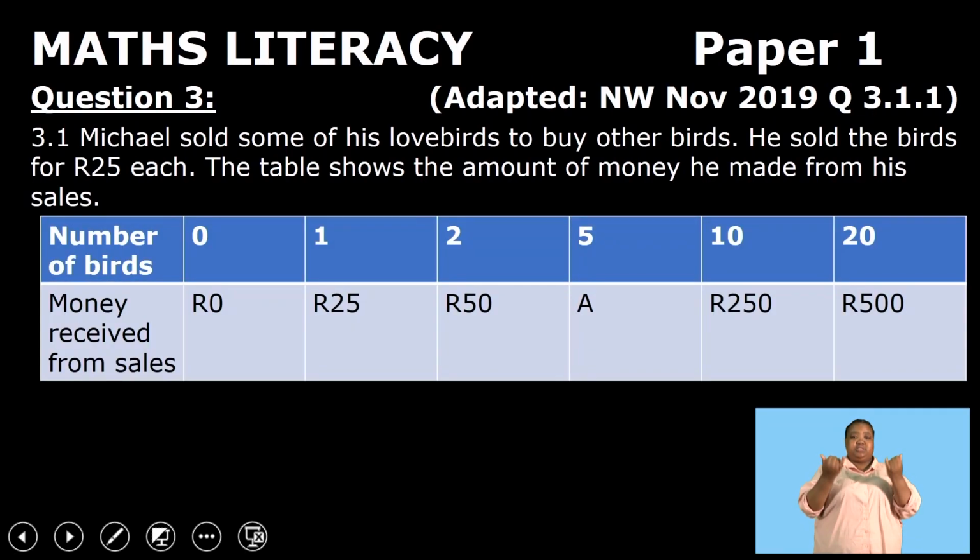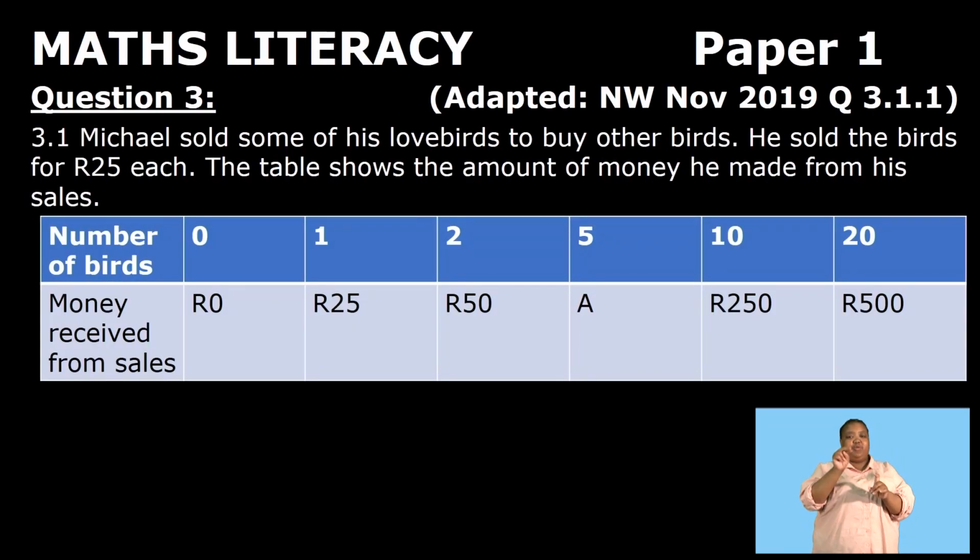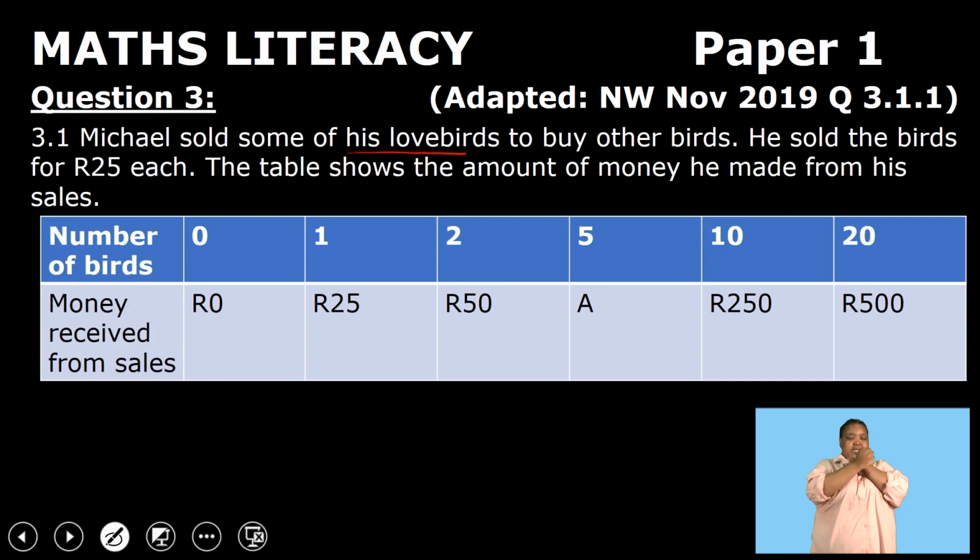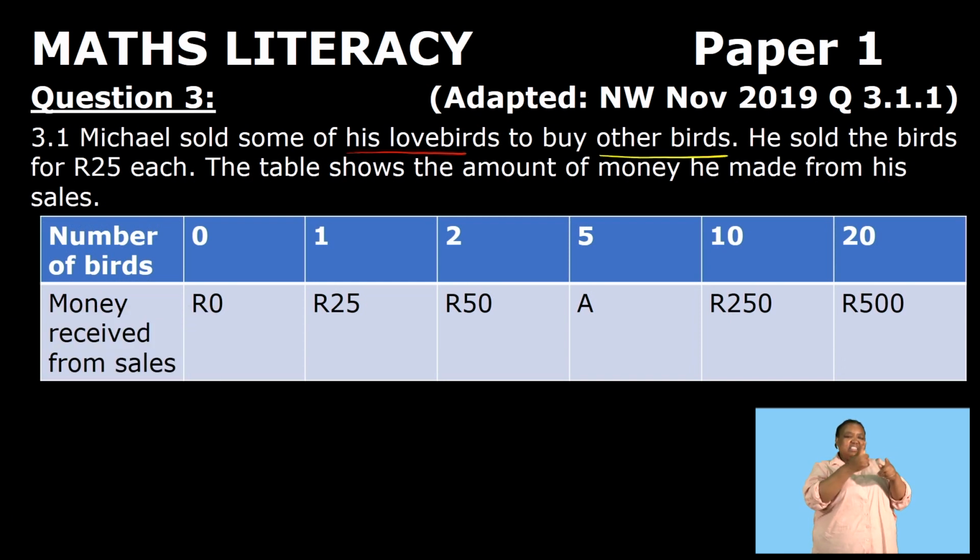Now, looking at this example, it was adapted from Northwest, November 2019, and we have question 3.1.1. It says, Michael sold some of his lovebirds to buy other birds. He sold the birds, each of which he sold at 25 rand.